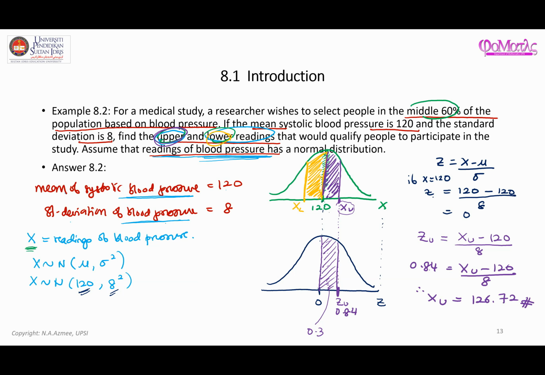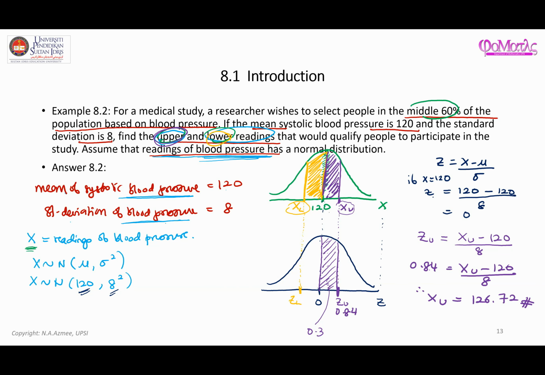In a similar manner, you can also find the value of XL. We know that if XL gets converted into a Z value, we just call it ZL. Can I find what is ZL? Yes, I can.